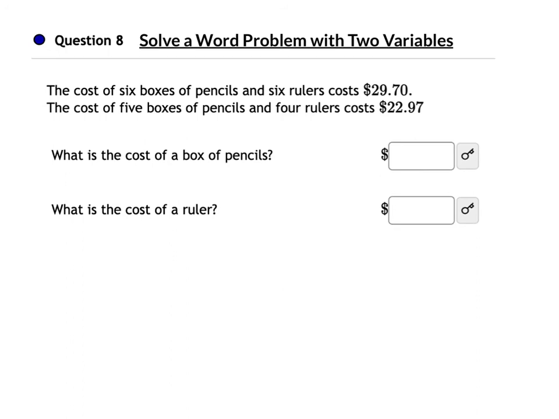Question 8, that's just like the last question. We have two things we don't know, the cost of a box of pencils and the cost of a ruler.